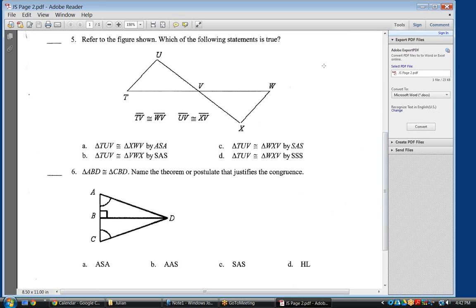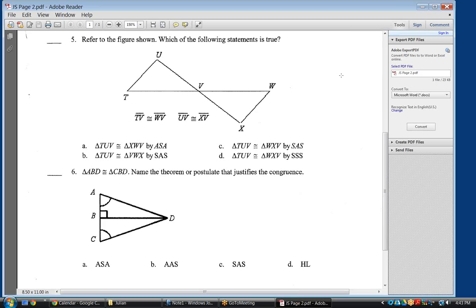Want to take a shot? Which of the following statements, there's only one of them that's true? This line is equal to this line, and this line is equal to that line. What else do you know about those two triangles, besides those two pieces of information?